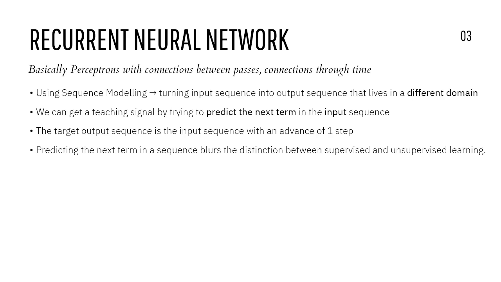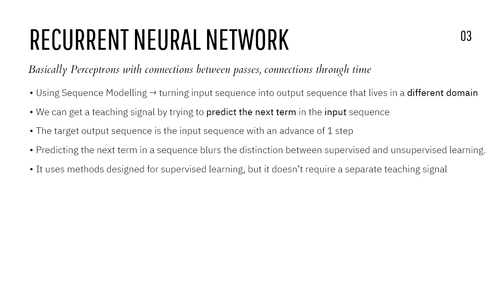And unsupervised learning is the method where you let the network analyze the data based on some parameters that you give. And in RNN, it can do basically both, as I understand. It uses methods designed for supervised learning, but it doesn't require a separate teaching signal.